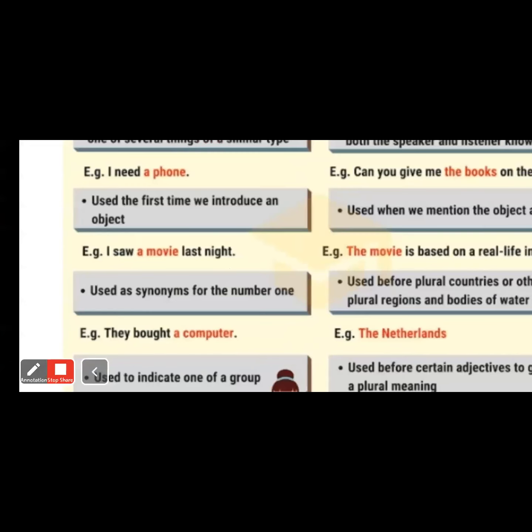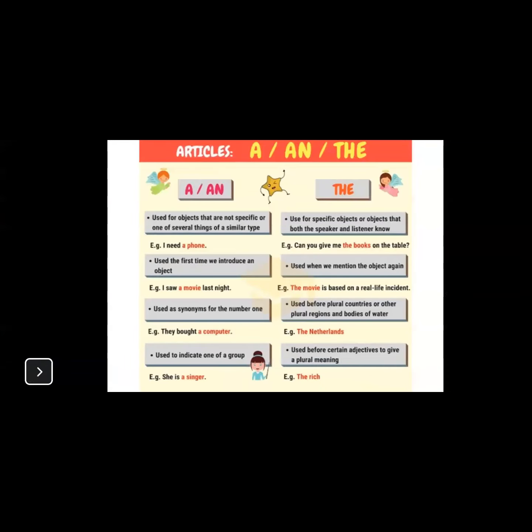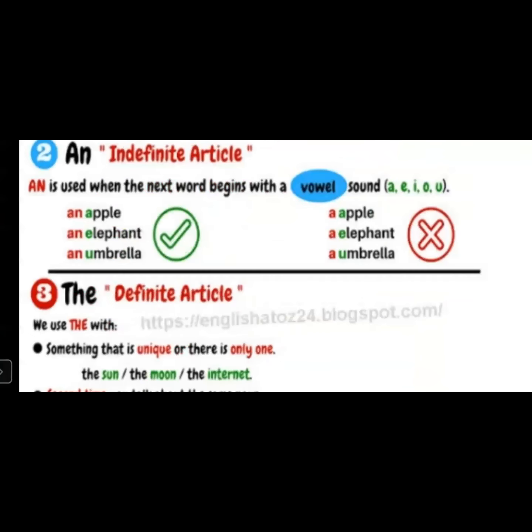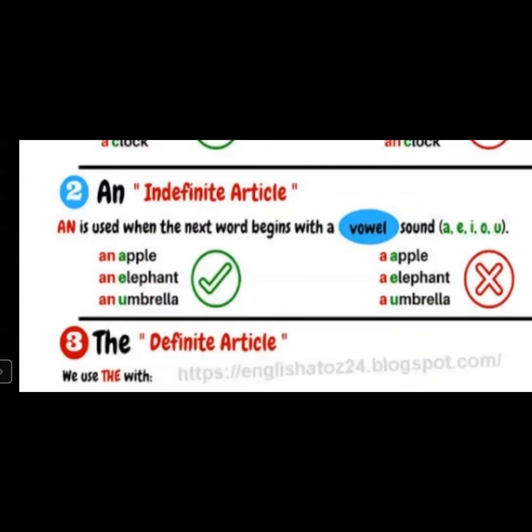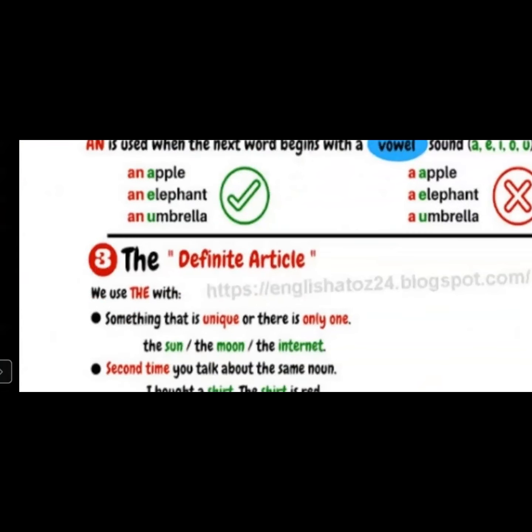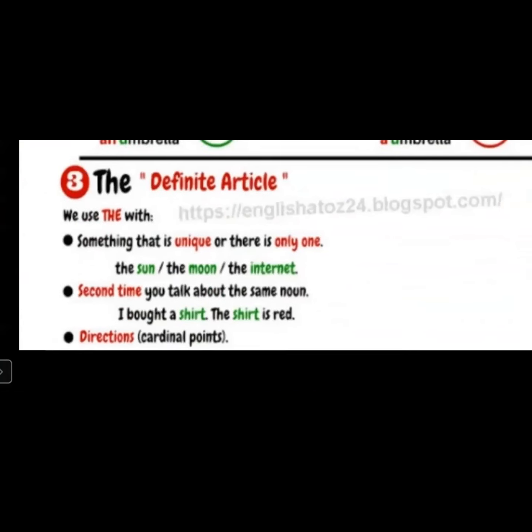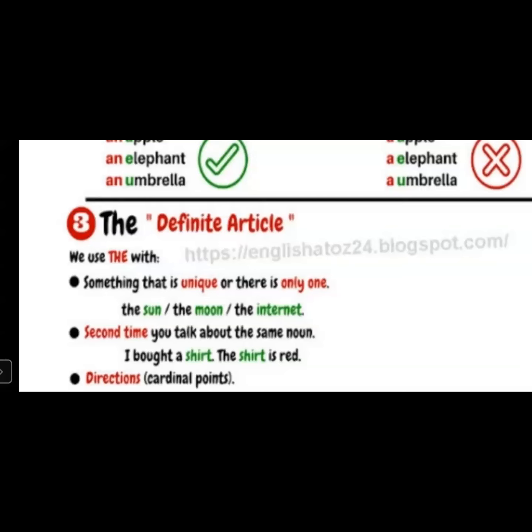So now we will see when to use an. When we are using the vowel sound, that time we have to use an. Now I told you first when to use the. We use the with something that is unique or there is only one, that is the moon, the sun, the internet.